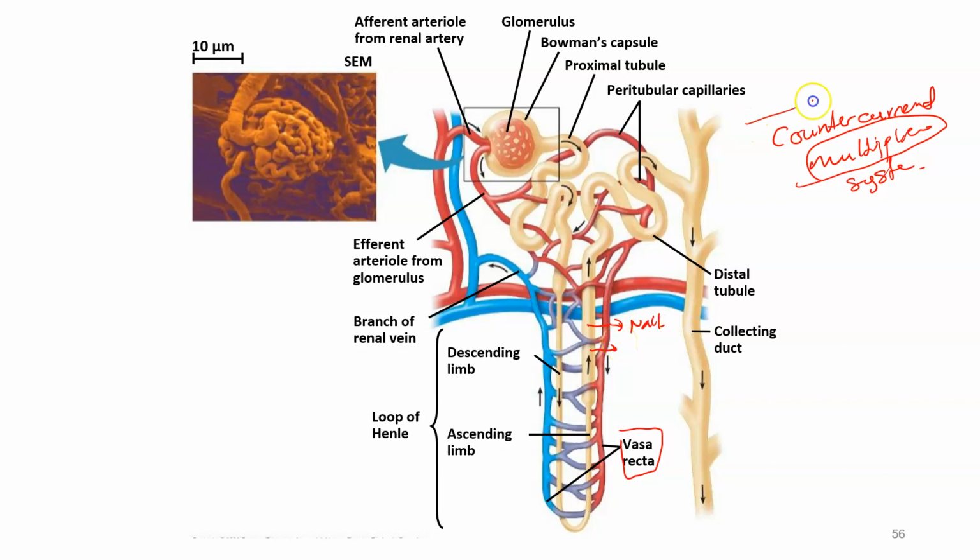Okay, countercurrent tadi kita tengok aliran filtrate is in opposite direction in the descending and also ascending, and also to the blood flow in the vasa recta. Okay, blood flow in vasa recta will be in opposite direction to the loop of Henle. So kalau we are looking at descending limb, descending filtrate bergerak ke bawah kan.